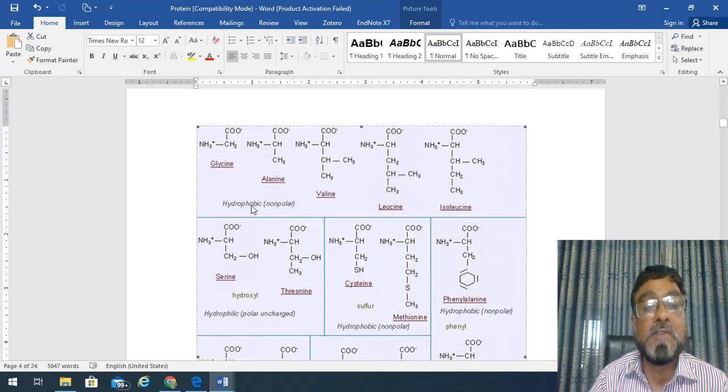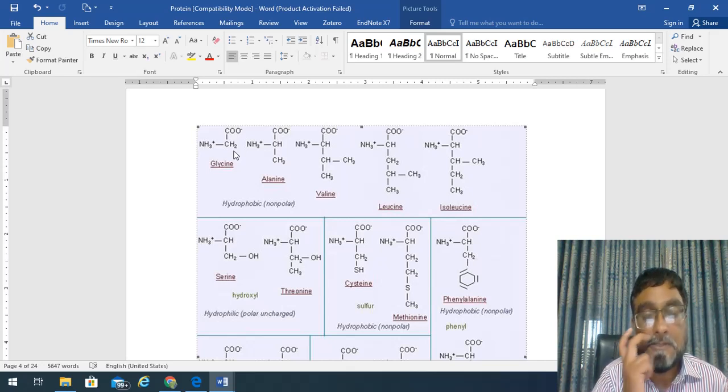You are well aware of the meaning of hydrophobic. Non-polar means the side chain is not contributing to the polarity. If we look at the basic structure, COO, NH3 and CHH.